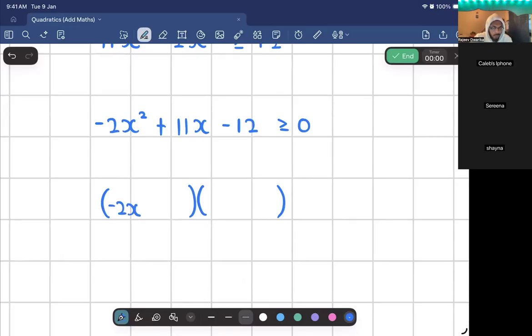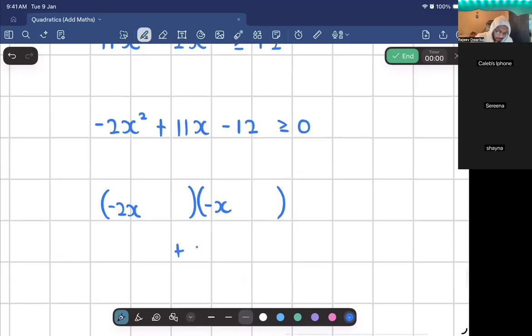Now, if you say minus 2x by 1, you're not going to get back the x squared term. So you have an x here. X squared means x by x. So what do you think I should put here? Minus x. Nah, if I put minus x over here, minus by minus is a plus, and I would get plus 2x squared. But I want to get negative 2x squared.